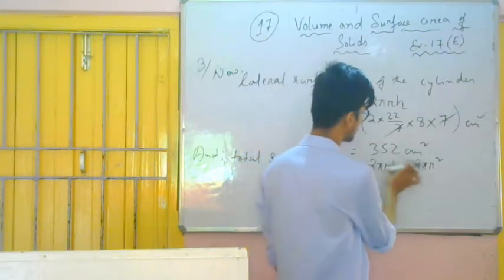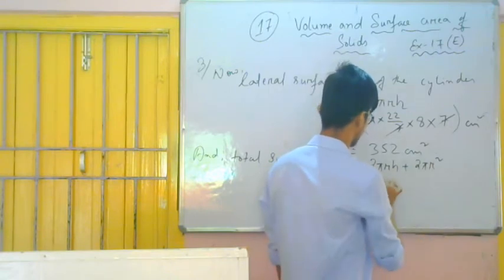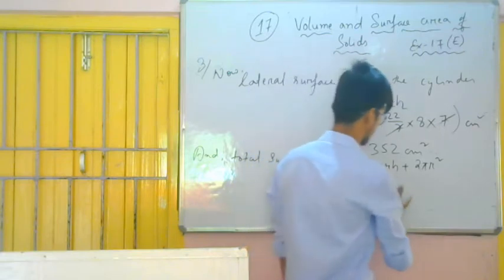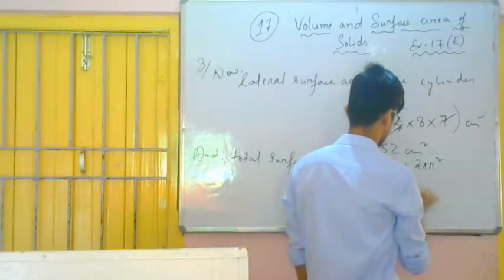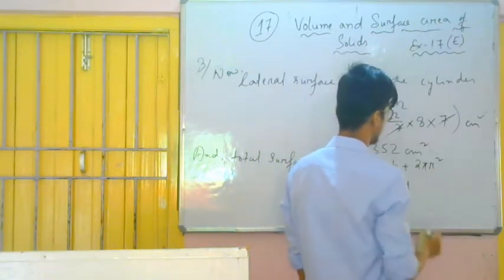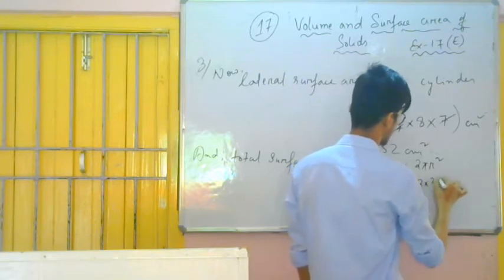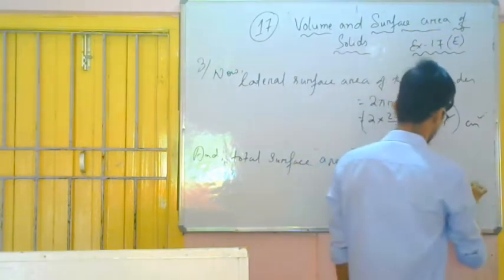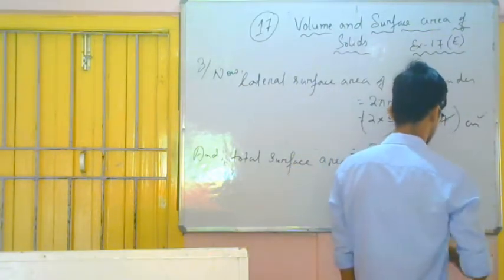Okay, you can put this value and you can find this one easily. You write 352 plus 352 cm square plus 2 pi r square, 2 into 22 by 7 into radius, it is given 8, so 8 into 8.